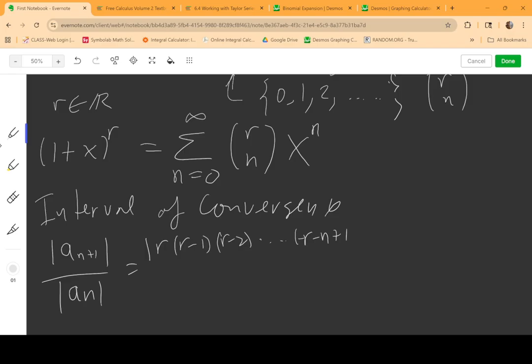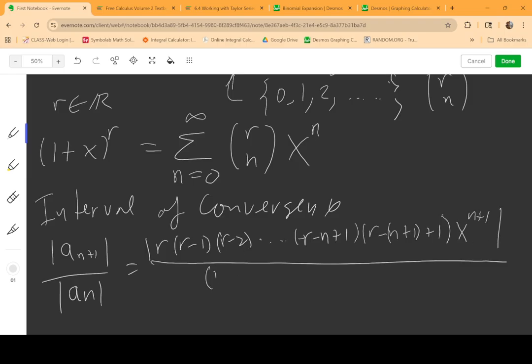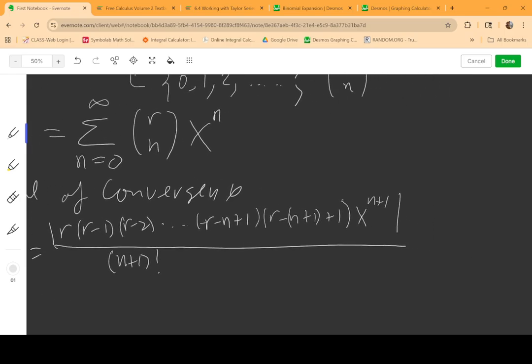And then if I go to the next one over, we just get r minus n plus 1 plus 1, times x to the n plus 1 all over n plus 1 factorial, and then for the division I'll just multiply by the reciprocal.